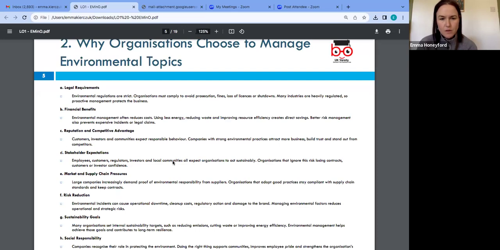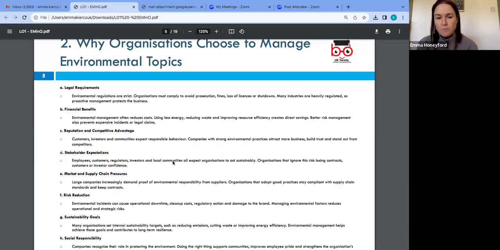Okay, so the next area, which I have spoken about a little already, is market and supply chain pressures. When we talk about supply chains, it might not just be pressure from an organisation on a supply chain. It could be from a supply chain to the organisation. It can go both ways.